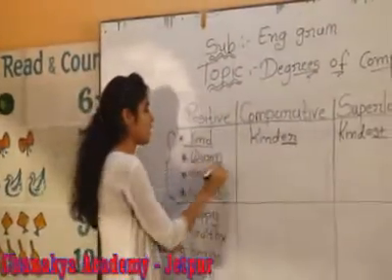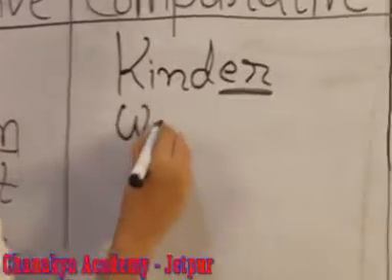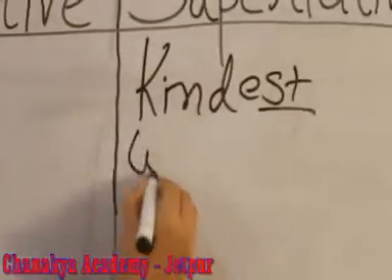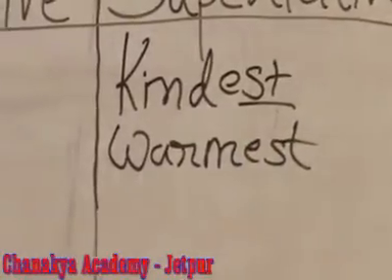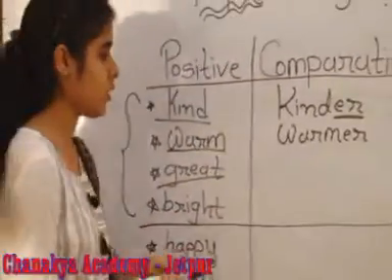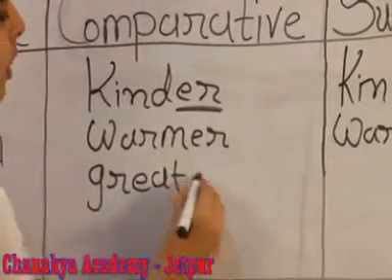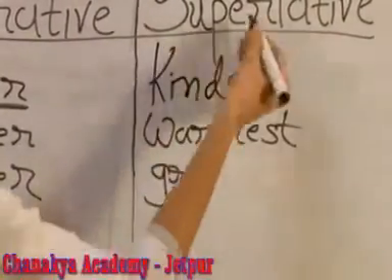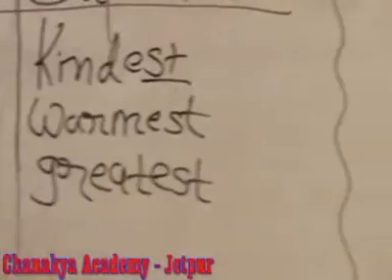As we are taking a second example, there is warm. So we have to write warmer and warmest. Then great. Then we have to put suffix er, so it becomes greater. And when we are changing in superlative, it becomes greatest.